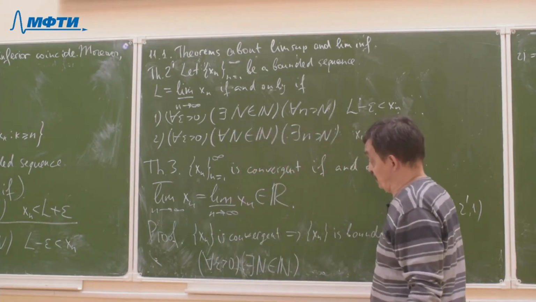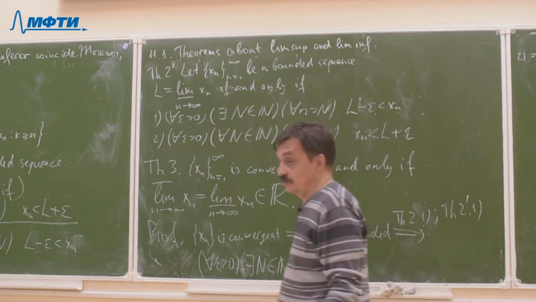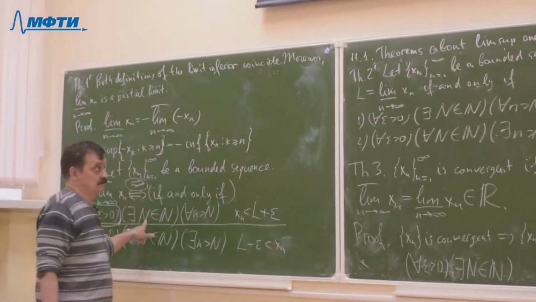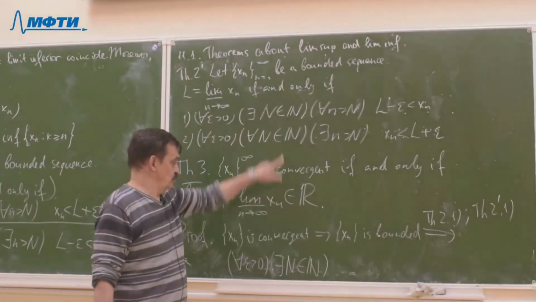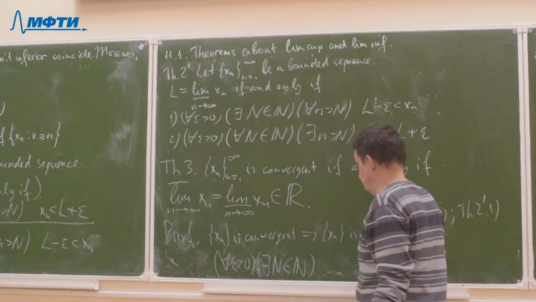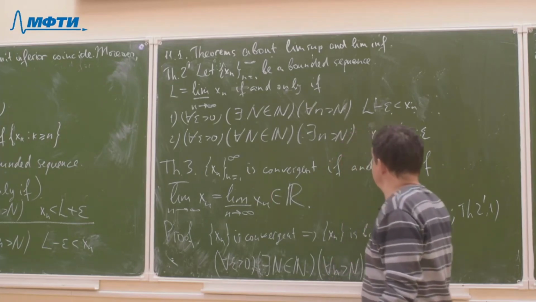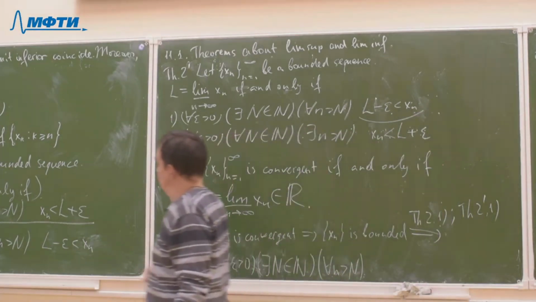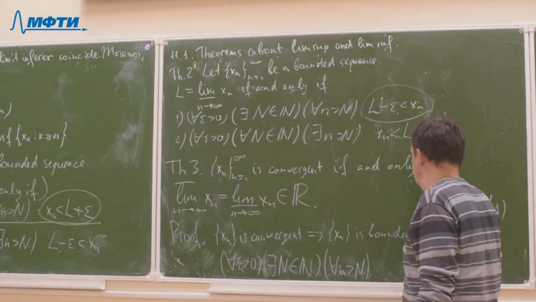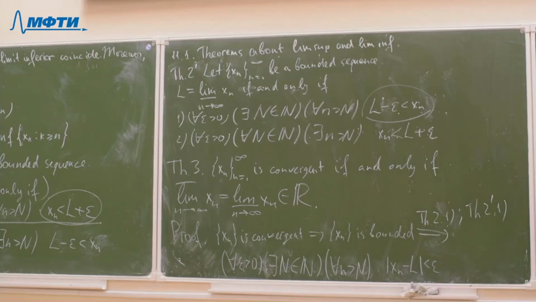In fact, of course, what I should do more precisely: here I should take N1, there N2, and then that one is the maximum of N1 and N2, such that for all n greater than N, we have simultaneously those two inequalities, and those two inequalities together mean |x_n minus L| is less than epsilon.